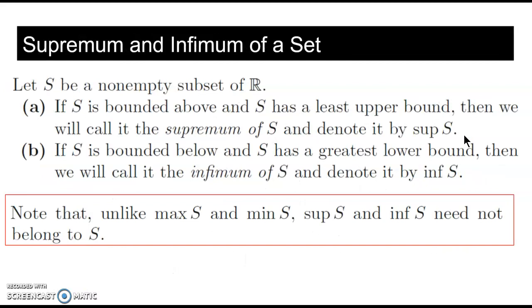Supremum and infimum of a set. Let S be a non-empty subset of R. If S is bounded above and S has a least upper bound, then we call it the supremum of S and denote it by sup S. If S is bounded below and S has a greatest lower bound, then we call it the infimum of S and denote it by inf S. Note that unlike maximum and minimum, supremum and infimum may or may not belong to the set.